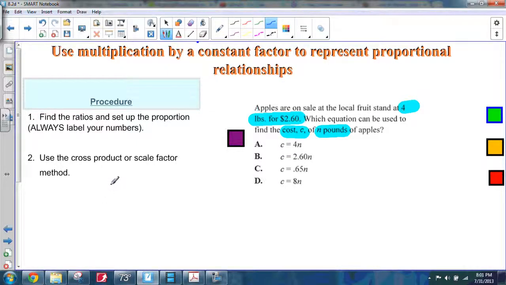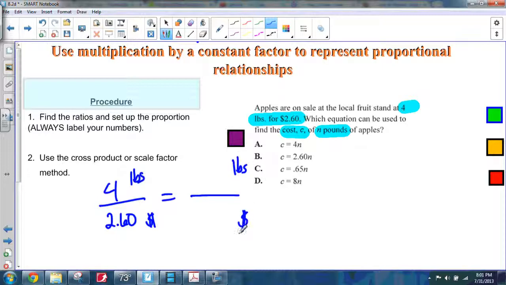The first ratio is 4 pounds over $2.60, which is money. When we set up our next ratio, we need pounds at the top and money at the bottom. So money is going to be represented by the letter C, and pounds by the letter N.